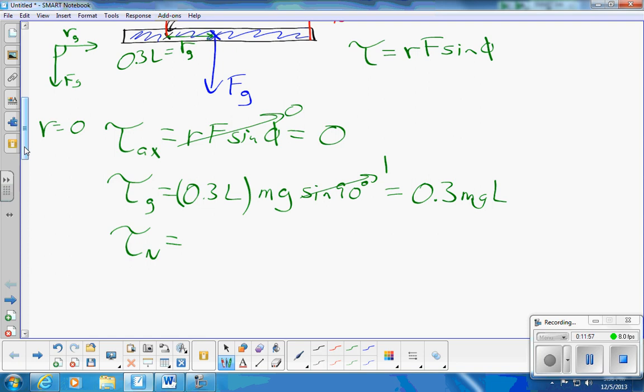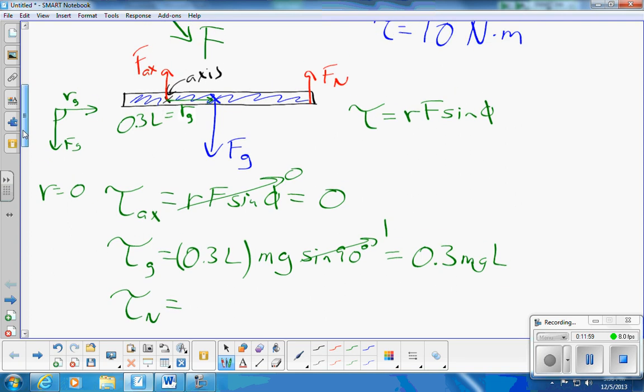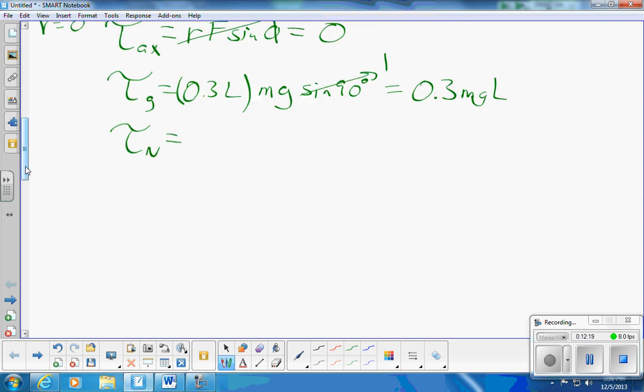Finally, the normal force exerted by my finger creates a torque. I'm going to plug in r times F times sine phi for this particular force. The r for this force, the normal force, I can call r subscript n. In this case it was 80 centimeters, or 0.8 L. So it's 0.8 L times the normal force.